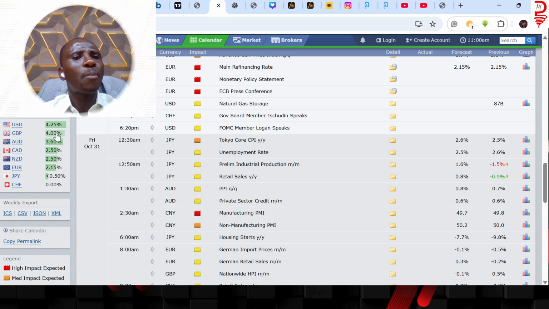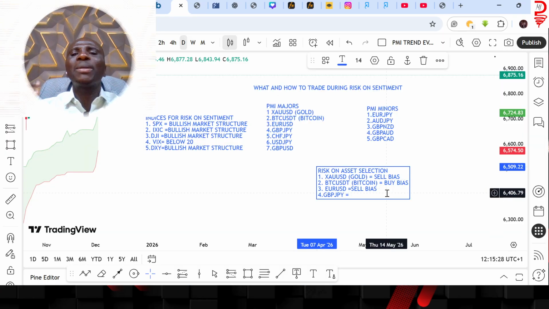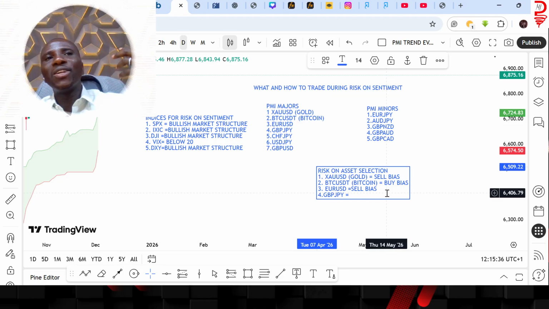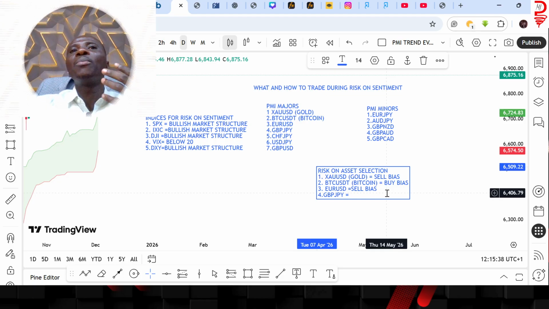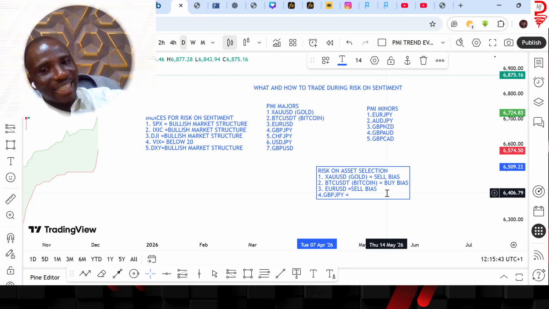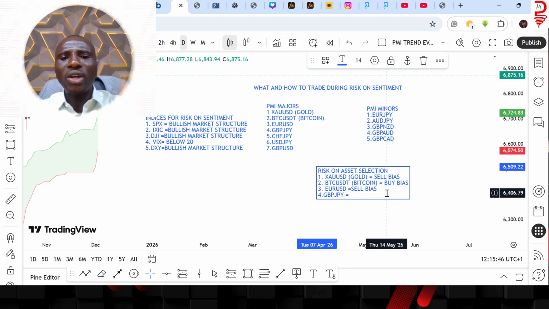That of GBP is 4.00, which is 4%, which means that even if capital will flow, from the standpoint of what we call carry trade, capital should be flowing away from an economy of 4% into an economy of 4.25. Are you getting it now? But for GBP JPY, you should know that the interest rate divergence for GBP JPY is very wide.